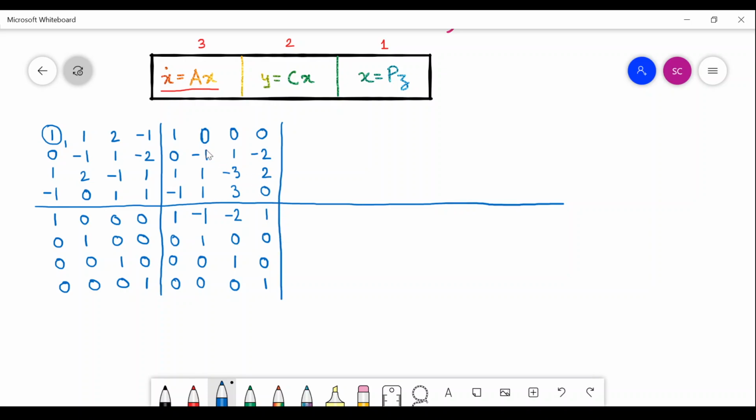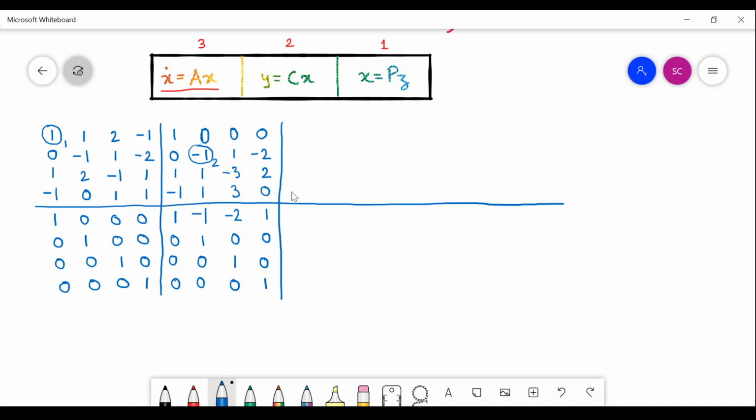In the next round we take this as the pivot element. Now the choice of pivot element is basically up to you. I have chosen this, and it depends upon your choice, and the final conclusions will be the same: how many dependent vectors there are, how many independent vectors there are, and what the relationship between the dependent vectors is. This will come out in the same manner if you choose different pivot elements.